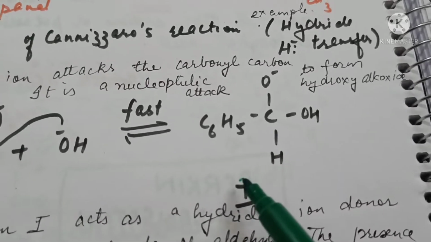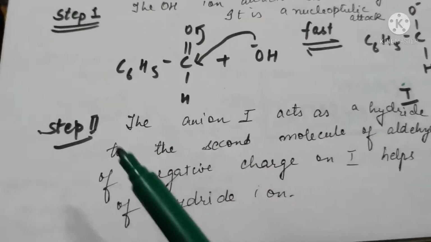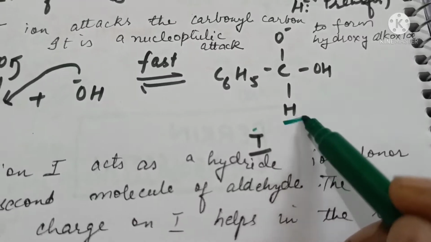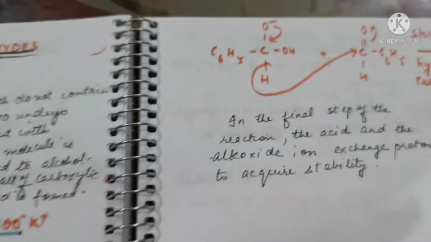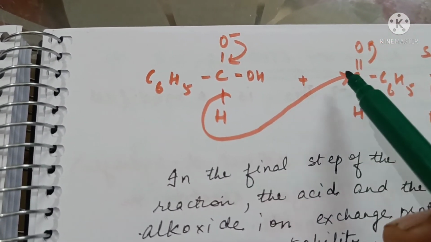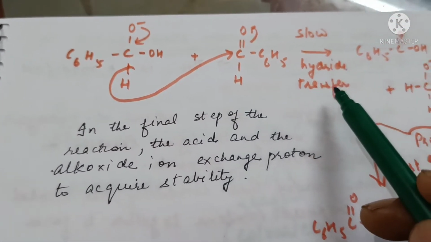Now, if this hydroxy alkoxide ion is named 1, then in the second step the anion 1 will act as a hydride donor. It will give this H negative to the second molecule of aldehyde. This hydride will be given to carbon, and this is a slow reaction.